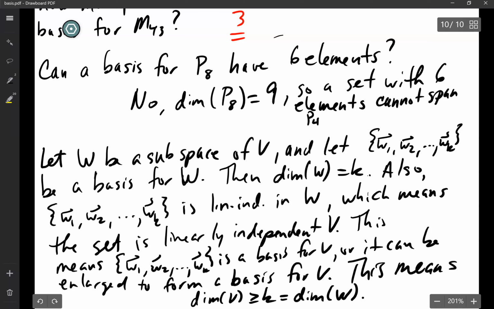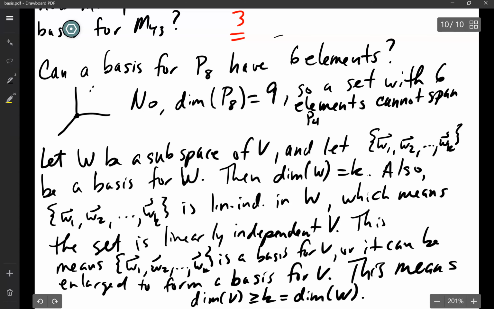So, and this just intuitively makes sense, if you have a piece of a vector space, its dimension can't possibly be bigger than the whole vector space. Think about R3. Subspaces look like, well, it could be just the zero vector, which isn't very interesting.